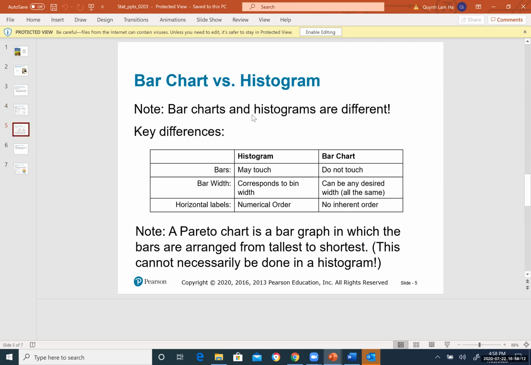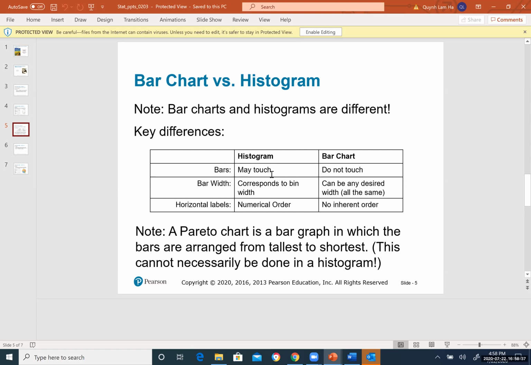And bar chart and histogram are different. The difference you can see is that for a bar chart, the rectangles have to be constructed apart. And for a histogram, they might be apart, but most of the time the bins have to be consecutive. They have to connect to each other. The key difference: a histogram may touch.